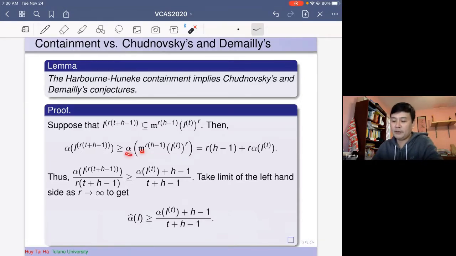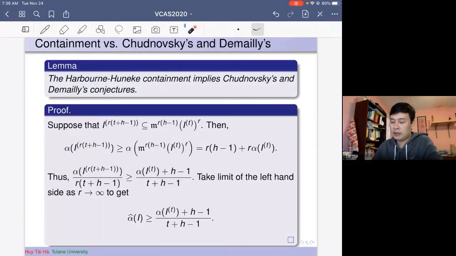First, alpha of this comes from this power of m. M is generated in degree 1, so the r times h minus 1 power of m is generated in degree r times h minus 1. And then alpha of an ordinary power is just r times alpha of the ideal, right? So we have this quantity, and now we divide both sides by r times t plus h minus 1.